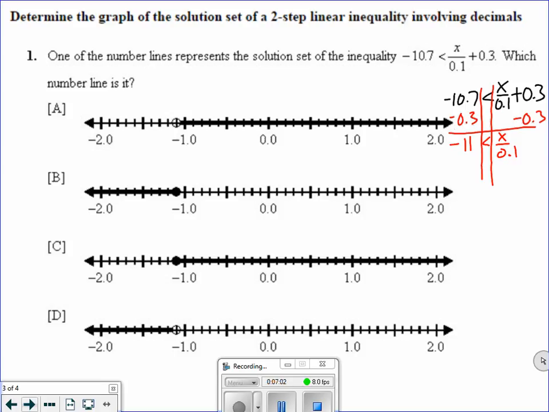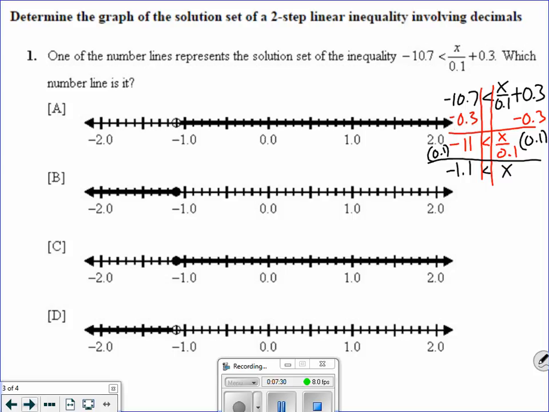So I need to take and multiply both sides by 0.1. When I do that on the left side here, I get negative 1.1. It's still less than, and I get x.